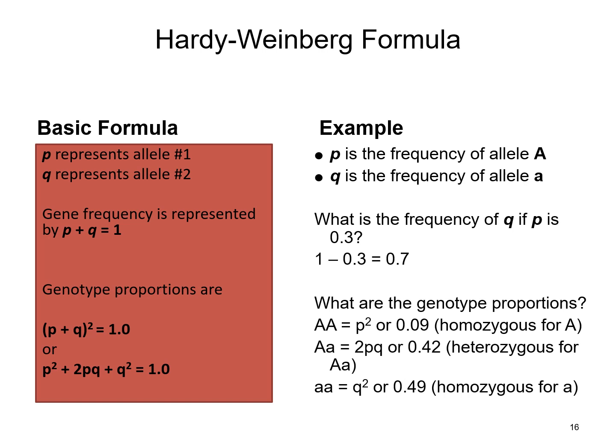Now, an English mathematician named Hardy and a German physician named Weinberg come together to develop a concept of genetic equilibrium. They did this independently, but their theories led to the formulation of the Hardy-Weinberg law.